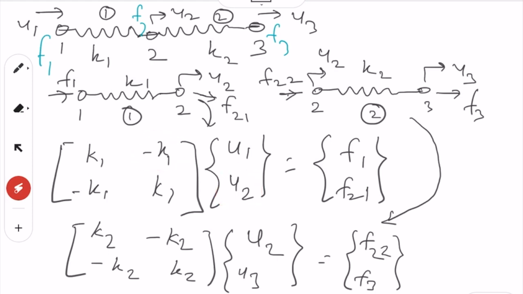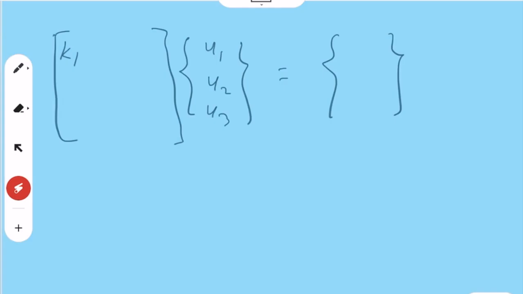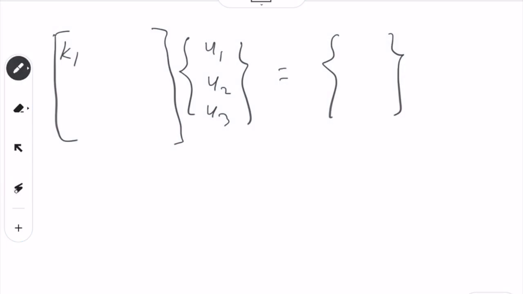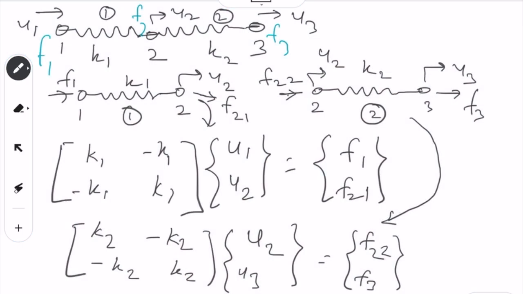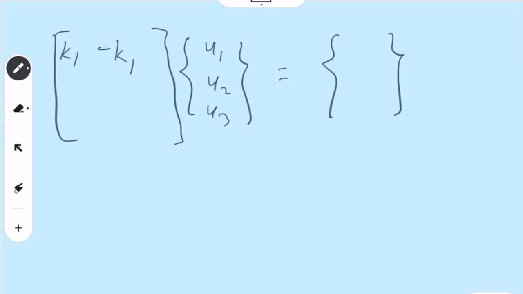So we write minus K1 here. Then if you see here, with U3 nothing is being multiplied, so the coefficient of U3 will be 0. So we can write this as 0, right.